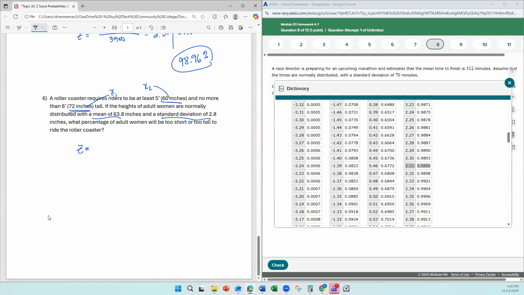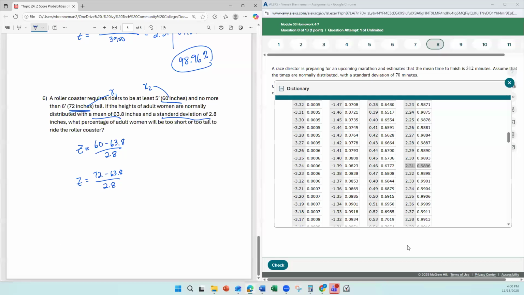Those are like my X values. So 60 minus 63.8 divided by 2.8. And then I'll have 72 minus 63.8 divided by 2.8.